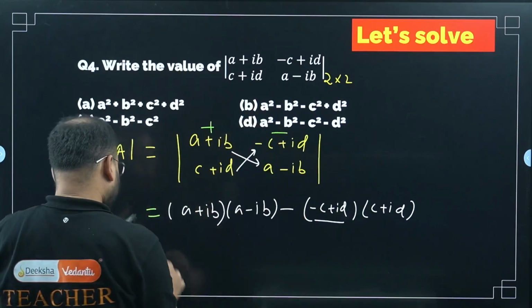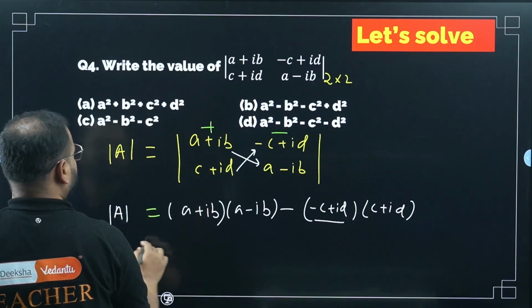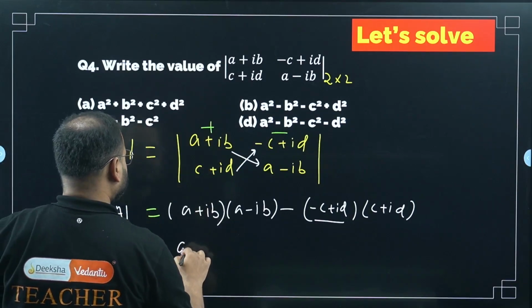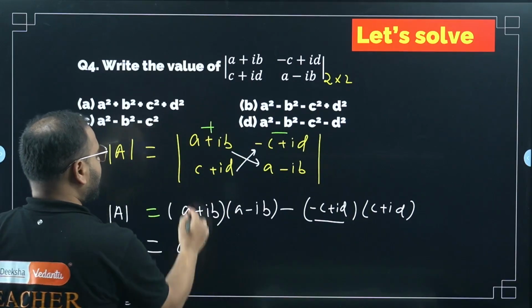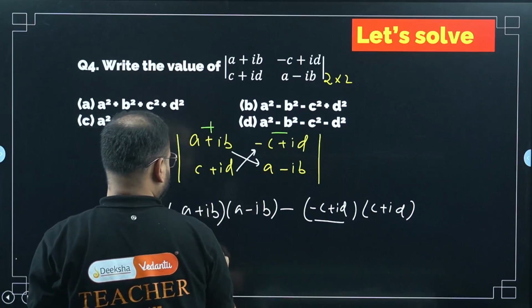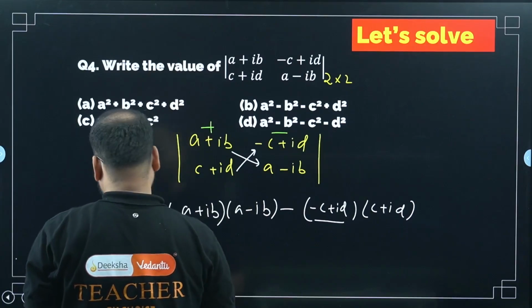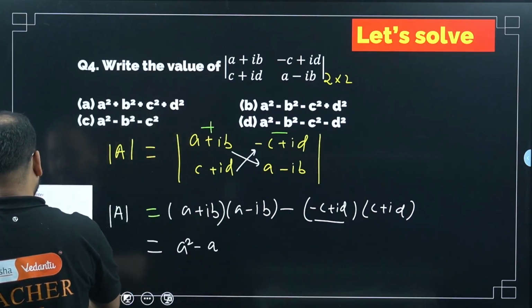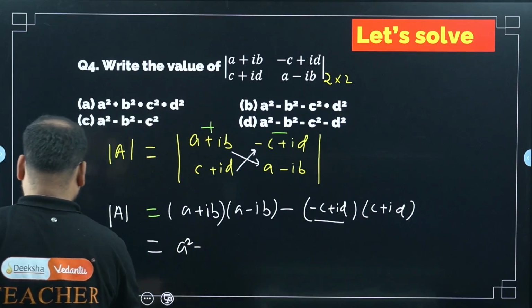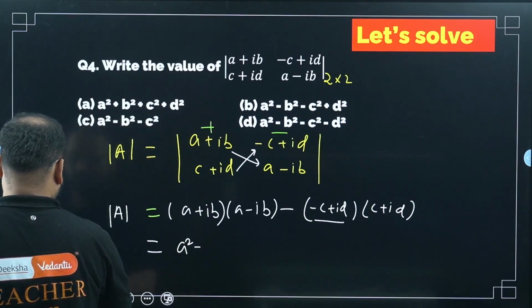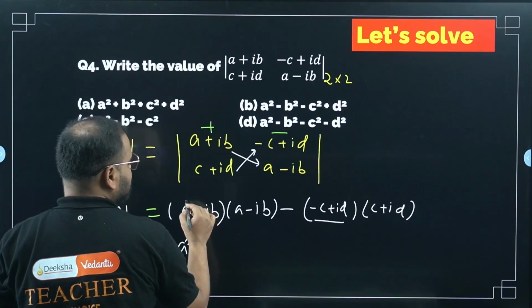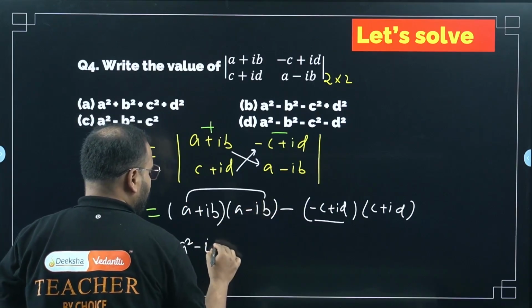Okay, let's do the expansion. This is determinant A. If I do that, I get a square first, a into a is a square. Now a into ib will become minus aib, so it will become iab.